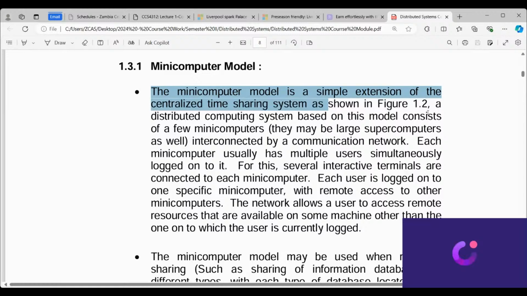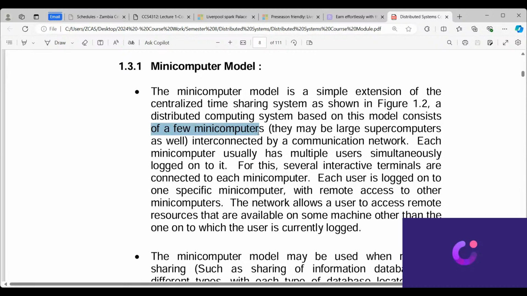We have a figure 1.2 here where we are saying a distributed computing system based on this model consists of few computers, and they may be large supercomputers as well. But now these computers are interconnected by a communication network.